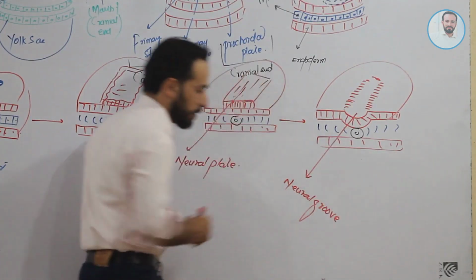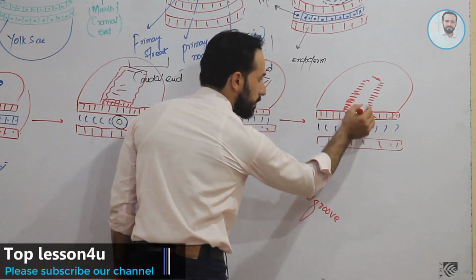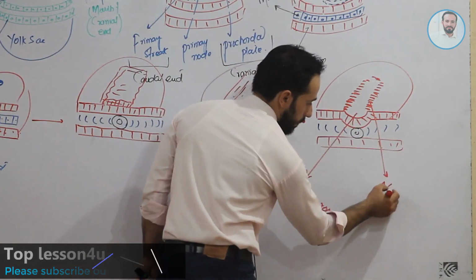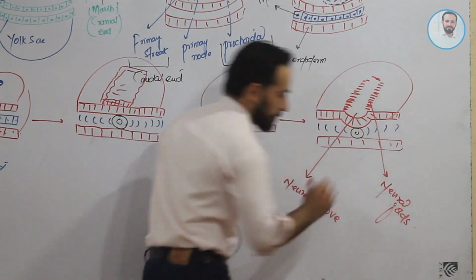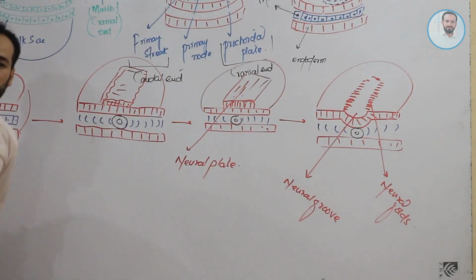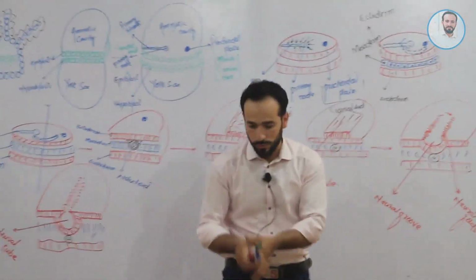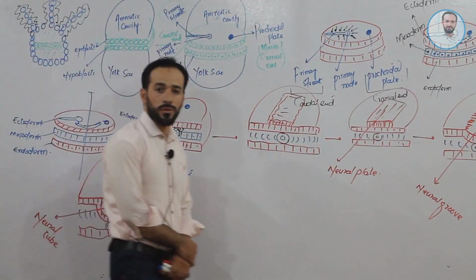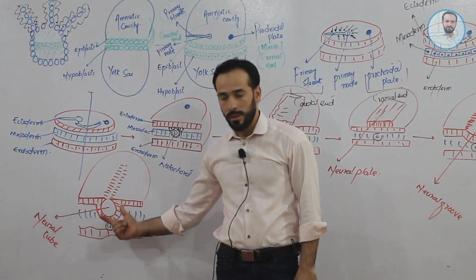This little depression is called the neural groove, and these two folds which are coming like this are called the neural folds. Right? So what happens is that the neural folds come close to each other, like this. Okay. So now we have developed the neural tube.